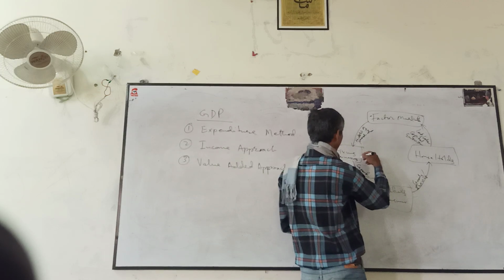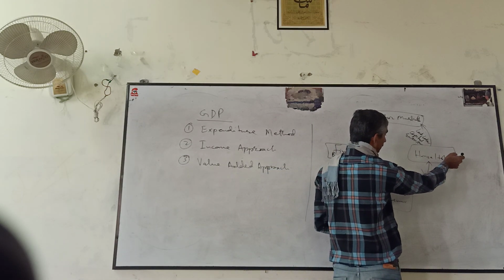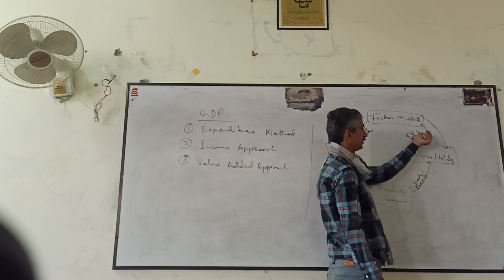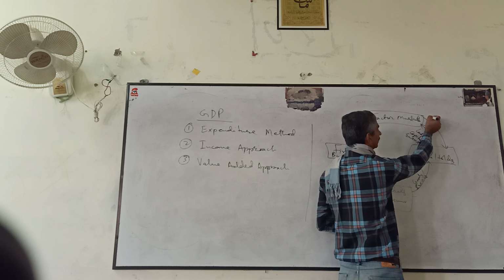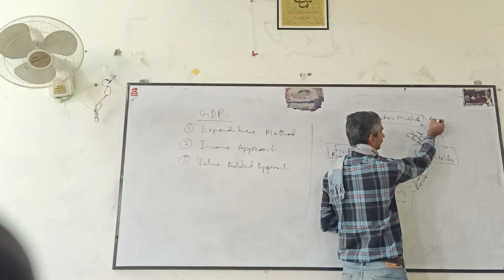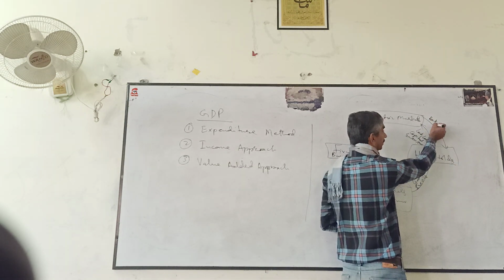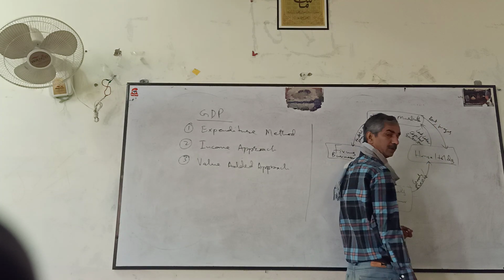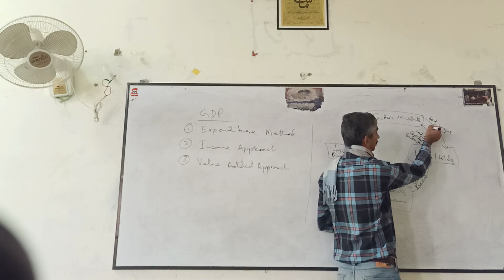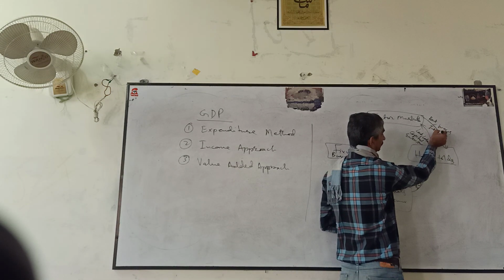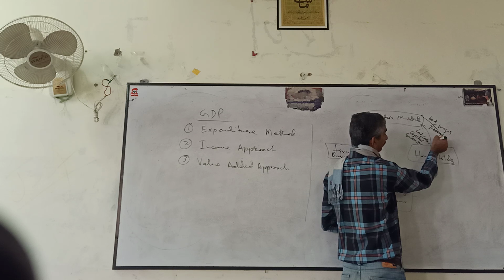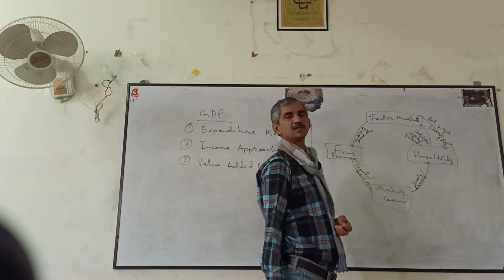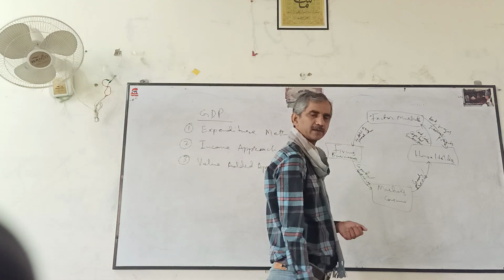When these households supply these factors, they receive the rent for the land, wages for the labor, interest for the capital, and profit for the entrepreneurial ability which they are supplying to the factor markets.